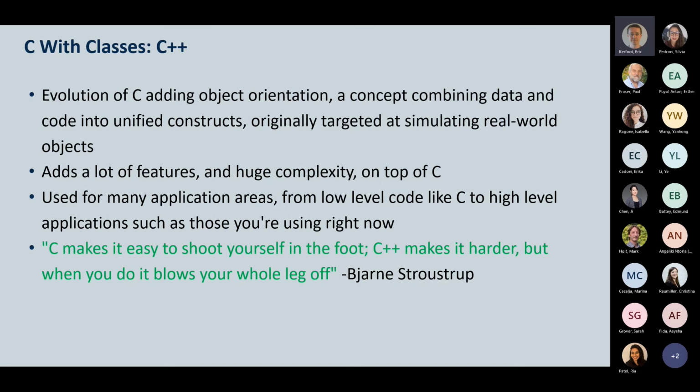C++ is in some ways an evolution of C. It's not quite a superset of C. There are some incompatibilities, but that's very technical. But it adds this notion of object orientation on top of C. And the idea of objects is you want to combine the concepts of data with the code that operates on that data.